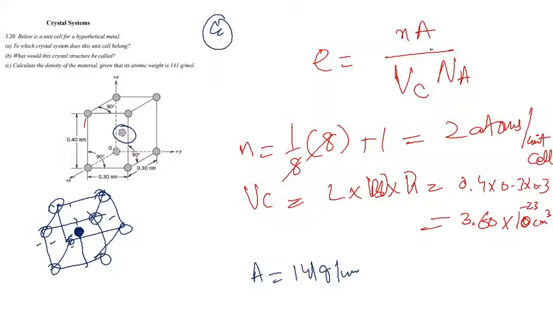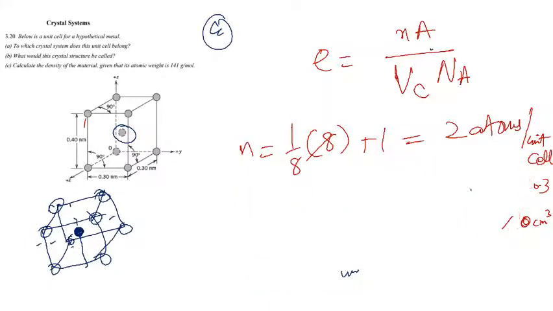Let me explain this step to you, how I convert from nanometer cube to centimeter cube. Our length is 0.4 nanometers. Nano means 0.4 into 10 raised to the power minus 9 meters. Now let me find the volume.